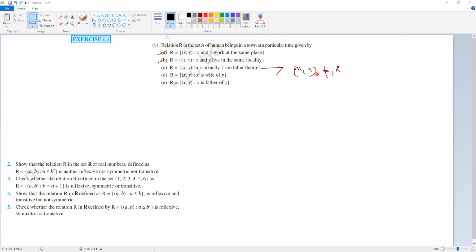So x comma x will not come in the relation. किसी भी पर्सन का हाइट उनसे 7 सेंटीमीटर टॉलर नहीं होते, equal होते हैं ना, राइट? So it is not reflexive.